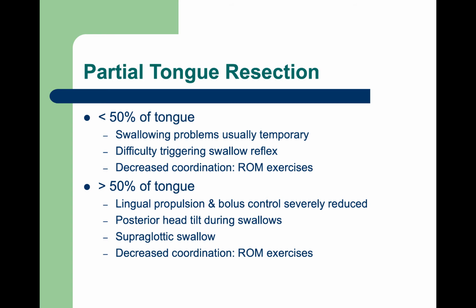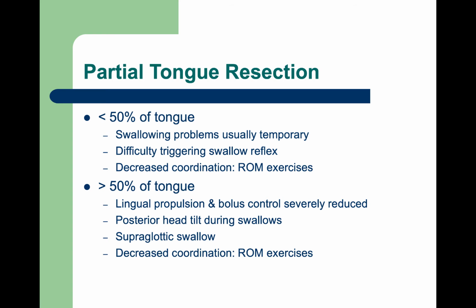And we're talking about tongue and no other structures or tissues involved. So in this instance, less than 50% tongue involvement, problems are usually temporary. They may be associated with edema or changes in tongue movement because of a resected portion of the tongue that was removed. You tend to see that the swallowing reflex is delayed.